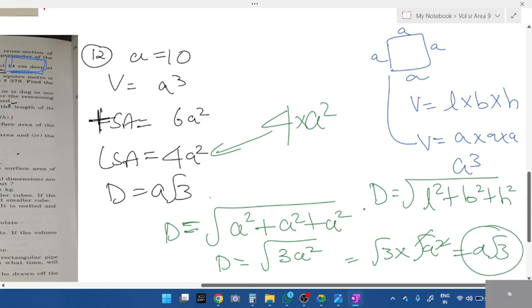So you are in the formulas. Don't write. When I'm teaching, don't write anything. Concentrate and solve it.